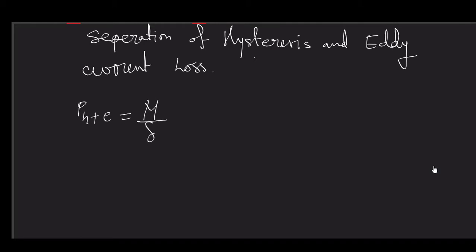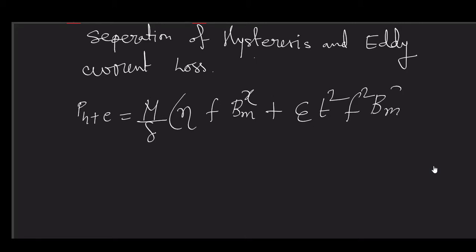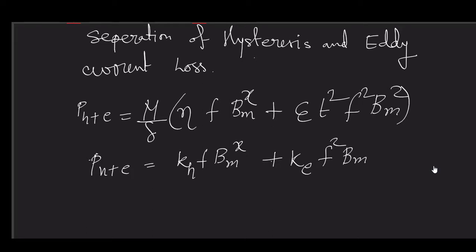What we can write is PH plus PE is equal to KH f Bm^x plus KE f square Bm square.